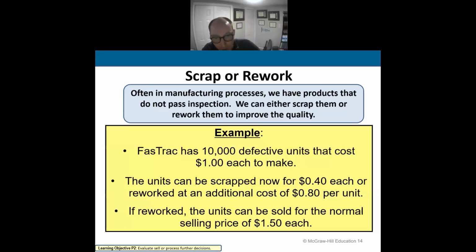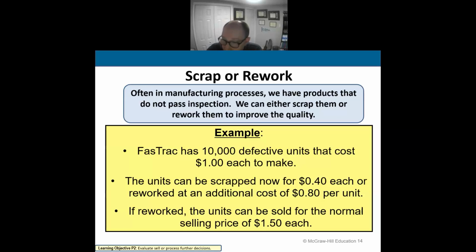That's what our company does. So sometimes the wiper blades are defective. It happens. Manufacturing, it's not perfect. So we got 10,000 defective wiper blades. They cost $1 each to make them. So there's $10,000 in defective merchandise.